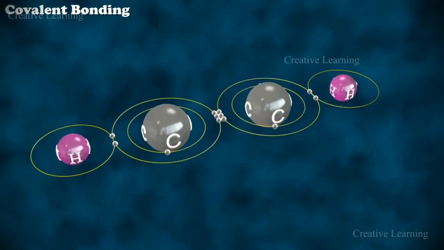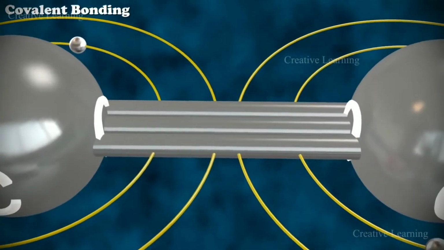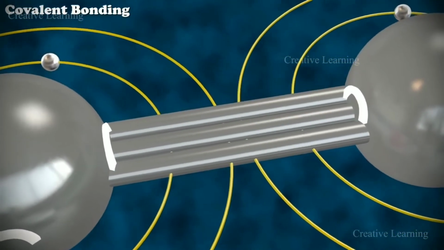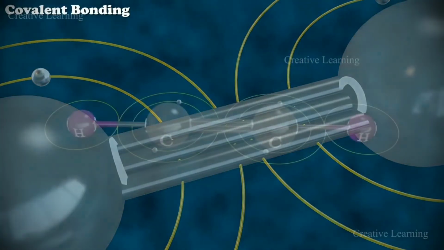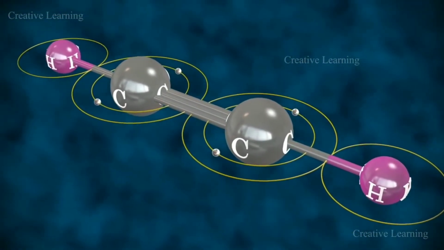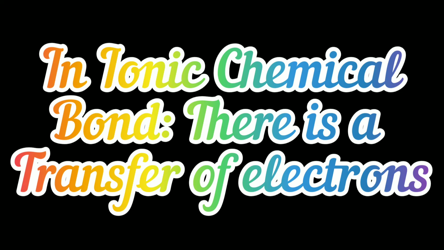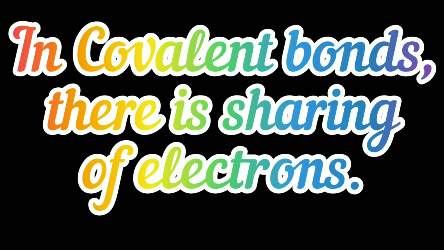When three pairs of electrons are shared between two atoms in a molecule, a triple bond is formed. It is the least stable out of the three general types of covalent bonds. The two carbon atoms in the ethyne molecule are joined by a triple bond. A simple way to remember the types of bonds is, in ionic chemical bond there is the transfer of electrons, and in covalent bonds, there is sharing of electrons.